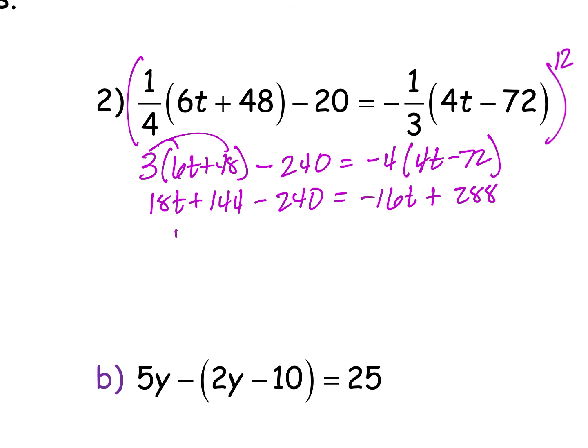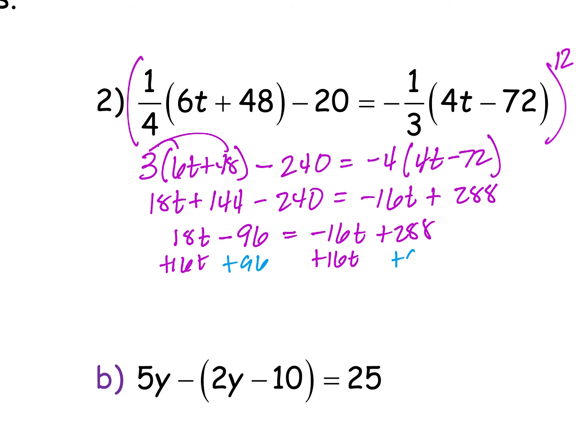Okay, so I've got 18t, 240 minus 144 is 96, equals -16t plus 288. So I'm going to add 16t and add 96. And that gives me 34t equals 384.